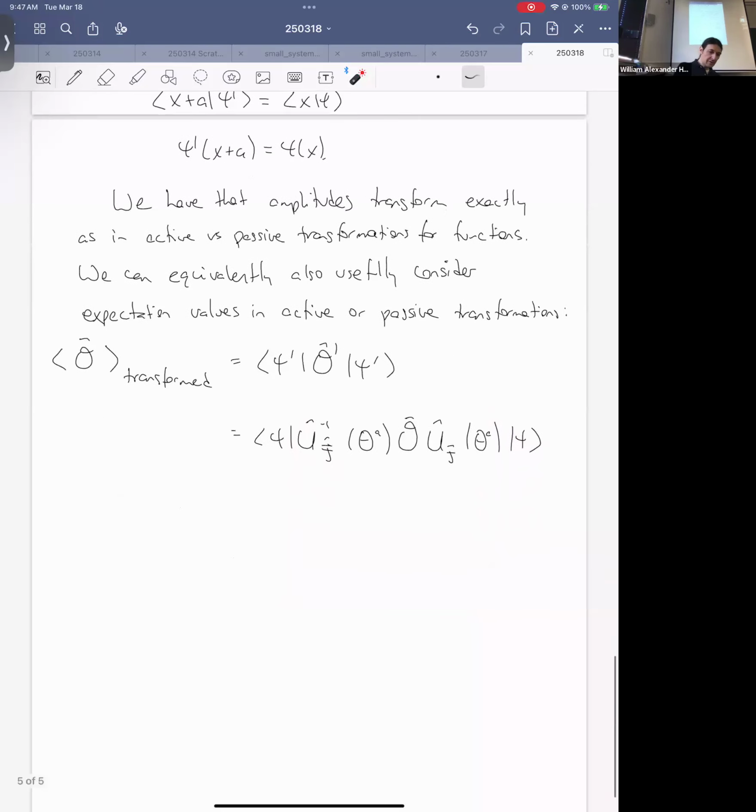So I can think about this as the unitary operators acting to the left and right, where this is an active transformation. Or I could think about the similarity transform as a passive transformation.